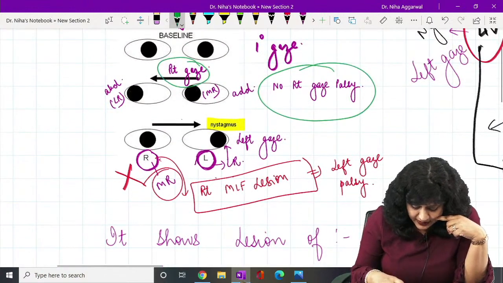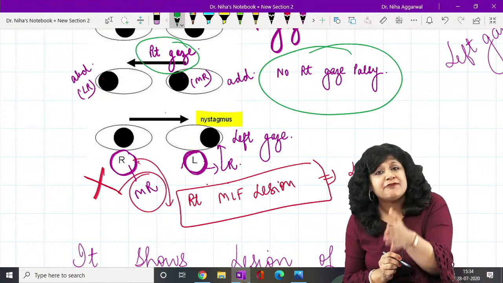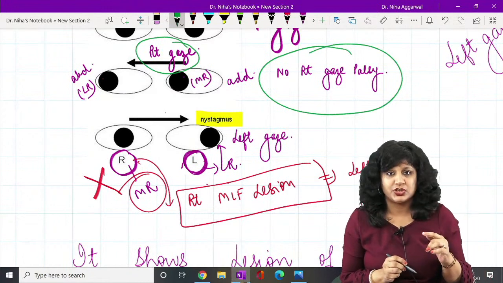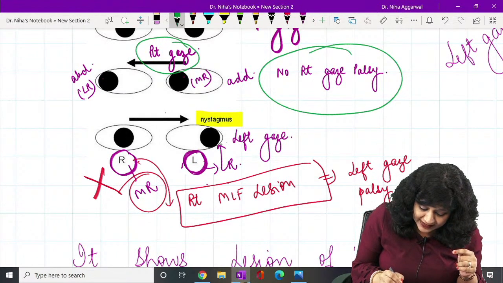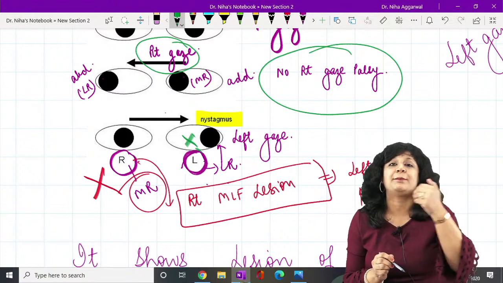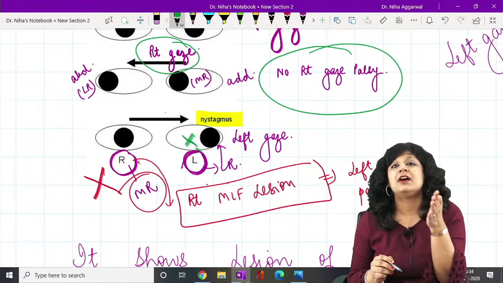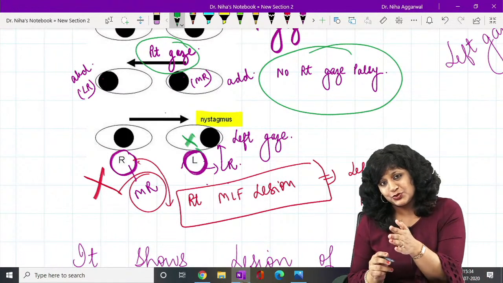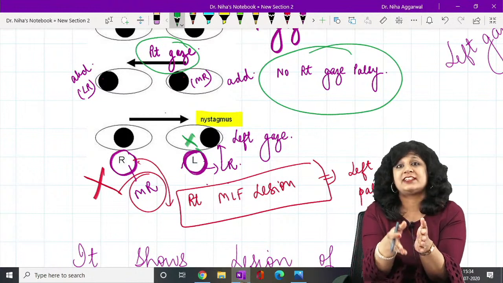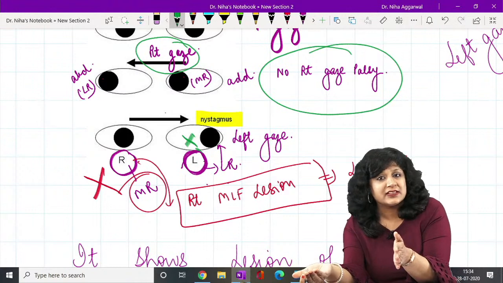Now let us see here. If it would have been a left medial longitudinal fasciculus lesion, then there should be an adduction deficit in this eye. But here I am showing there is an abduction nystagmus. So when I have an INO and a medial longitudinal fasciculus lesion, I have the adduction deficit on the same side and the abduction nystagmus in the other eye.